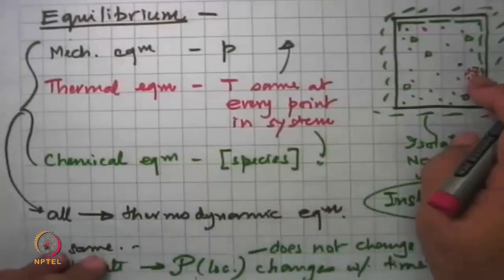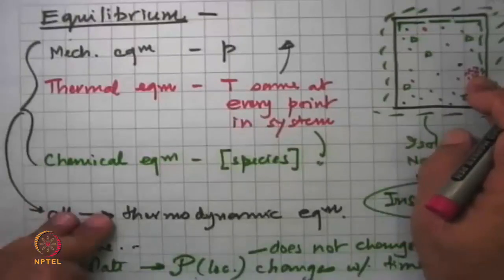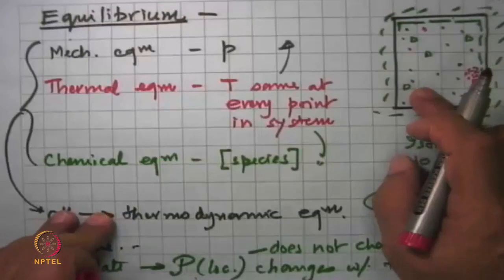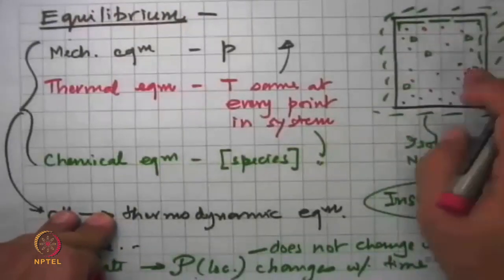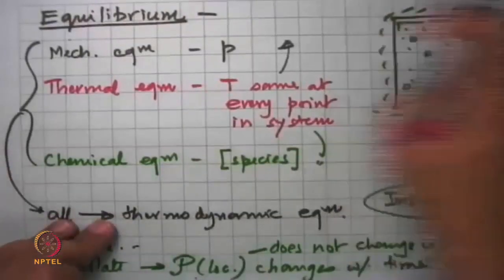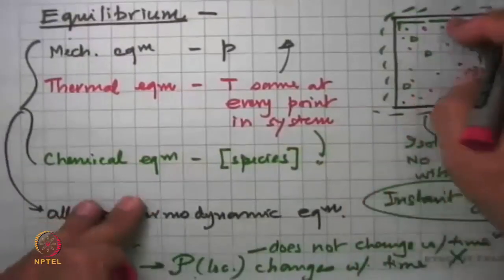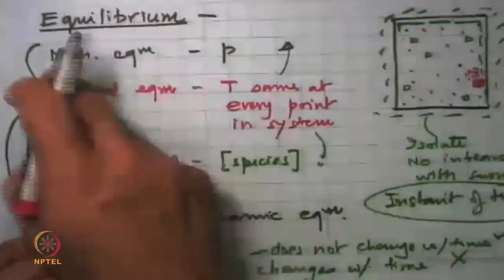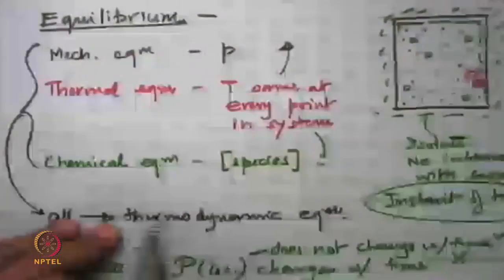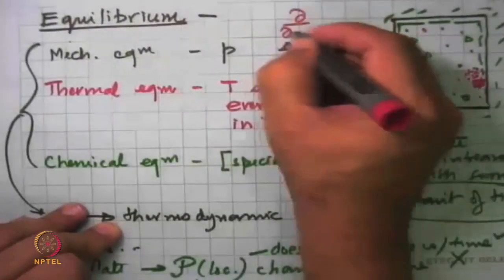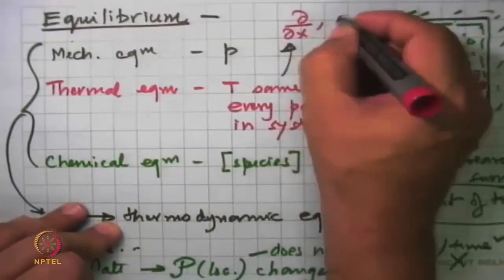But if we stop putting this out and wait for a long time, then all these molecules will completely diffuse into the room, and at any point the concentration of this repellent will become constant. Then we say that this room air is in thermodynamic equilibrium, assuming that there is no temperature or pressure changes. What it also means is that the pressure and temperature are the same everywhere, then these properties do not change in any direction.